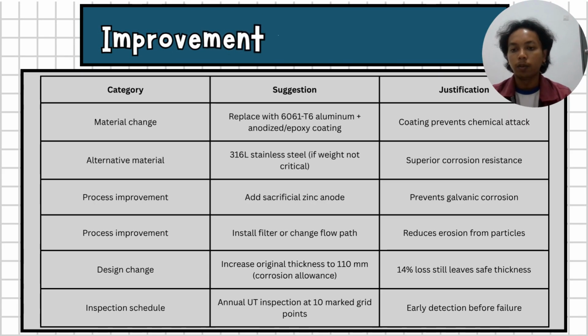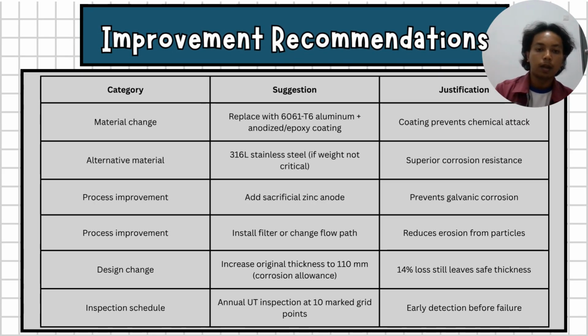Okay, for improvement recommendations, first is material change. Switch to a stronger coated aluminum that resists chemical damage. And then alternative material. Use a different stainless steel that handles corrosion much better.